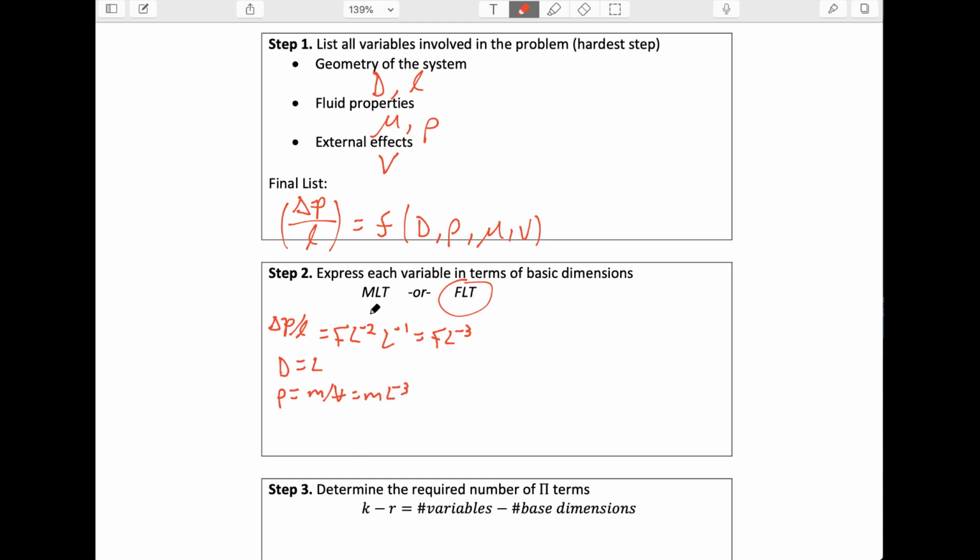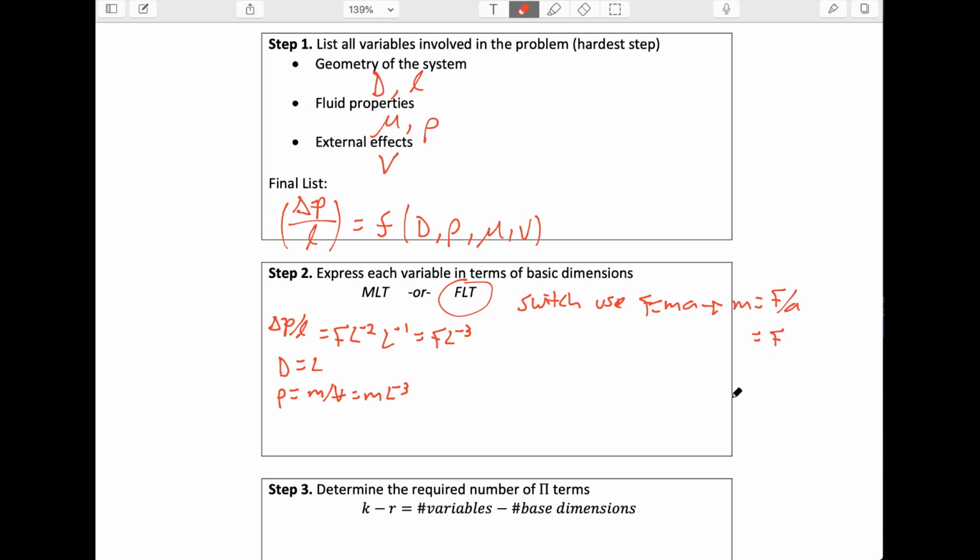But we're not using the mass length time system, we're using the force length time. So we got to switch. How do you do that? Well, we're going to use F equals ma to do that. We can solve that for m as force per acceleration. And so force, well, that's already the base dimension.